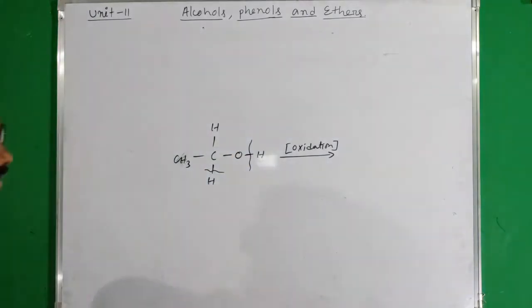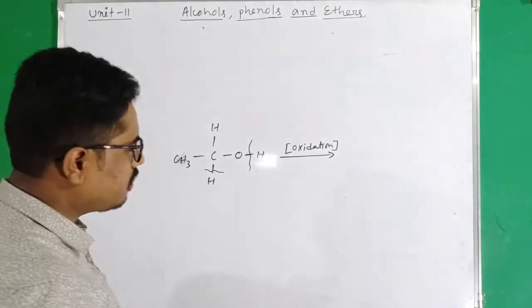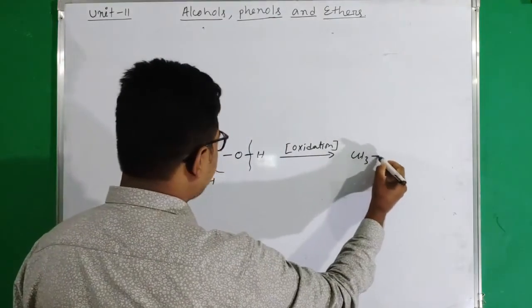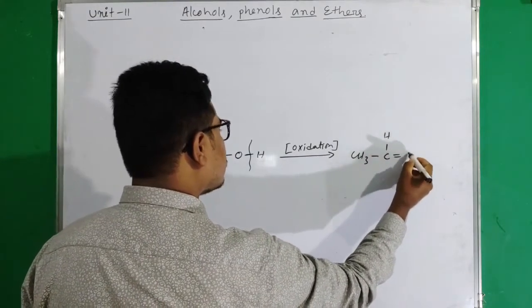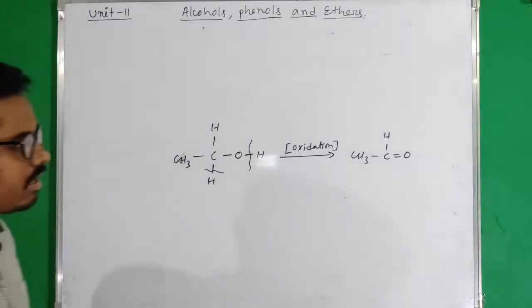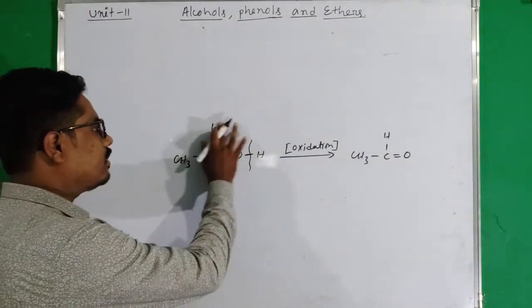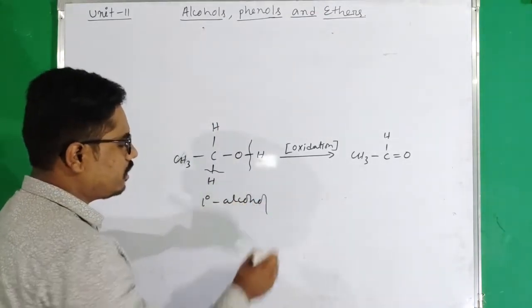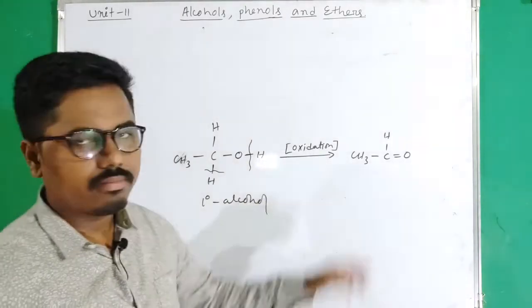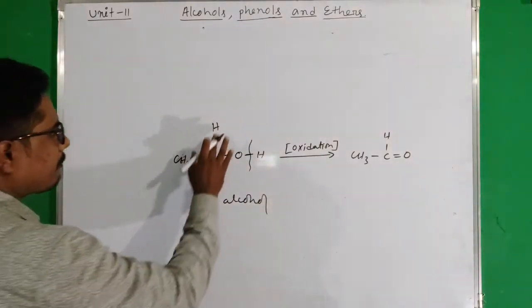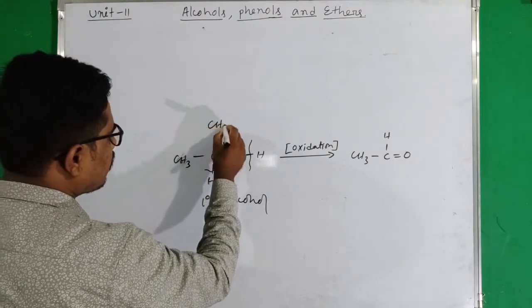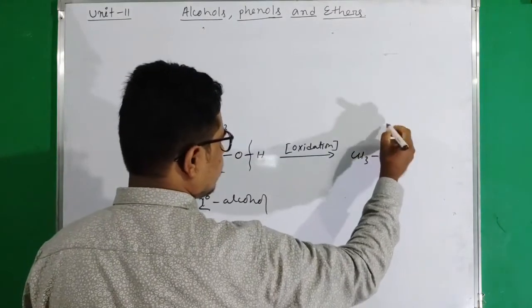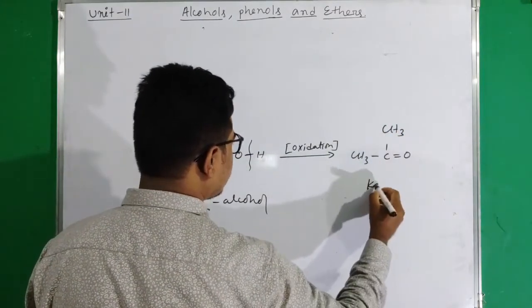That means hydrogen will be removed, and after removing hydrogen, one double bond will form to satisfy the valency, hence the product is an aldehyde. This one is a primary alcohol, that means during oxidation of primary alcohol an aldehyde is formed. Suppose we take a secondary alcohol, and during oxidation of secondary alcohol a ketone is always formed.